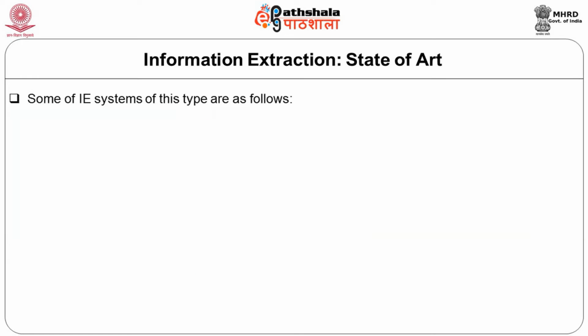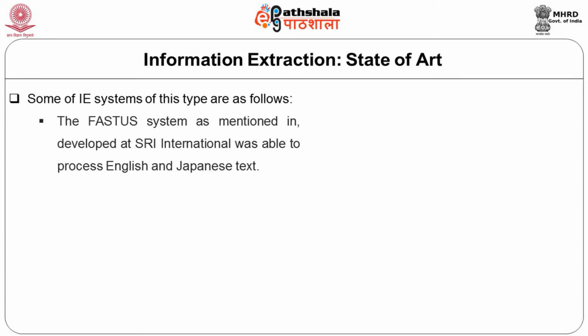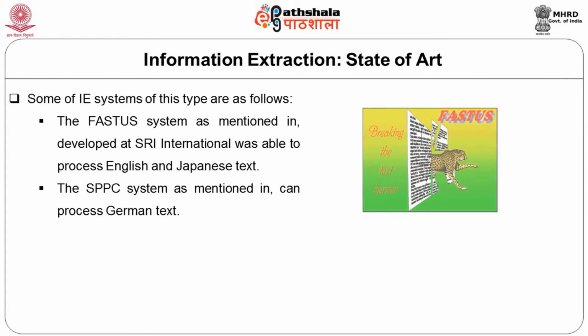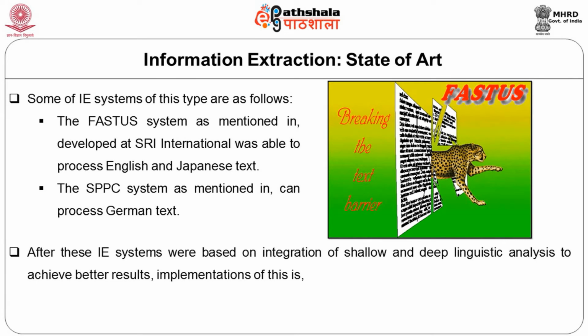Some of the IE systems of this type are the FASTUS system developed at SRI International, which was able to process English as well as Japanese, and the SPPC system that can process German as well. So, slowly, as we can see, IE systems started maturing, and they started being able to process content in different languages also.